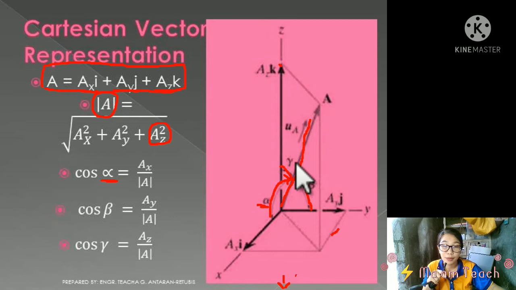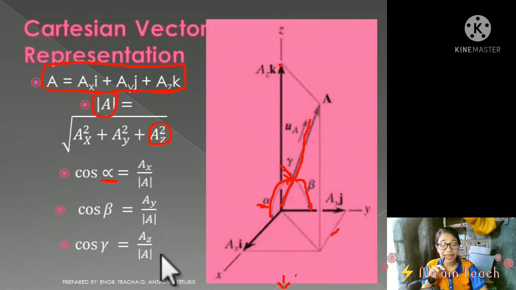You'll be able to determine the value by dividing the z component by the magnitude of your vector. So cosine gamma is equal to AZ divided by your magnitude. So take note, class, we have three directions, one for each axis.